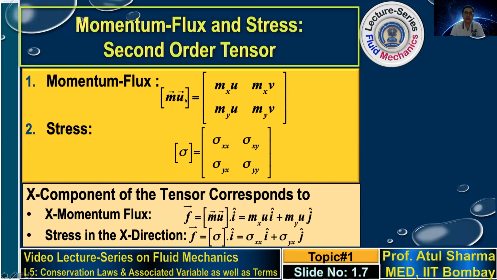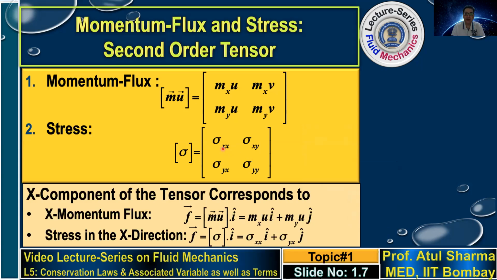Note that, as I had mentioned, the second order stresses consist of two directions. The first direction corresponds to the mass flux mx and my. And the second corresponds to the direction of the velocity, which is ui plus vj. In case of stresses, the two directions are represented here by the subscripts. There are two subscripts which are shown here.